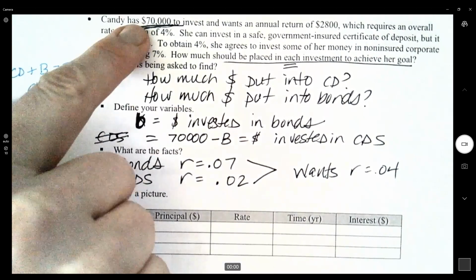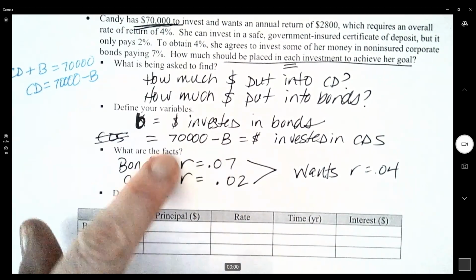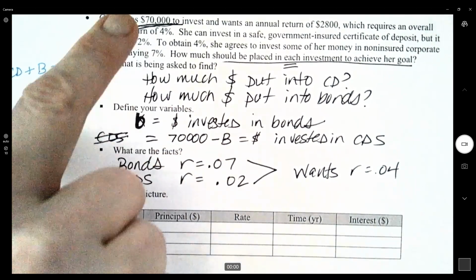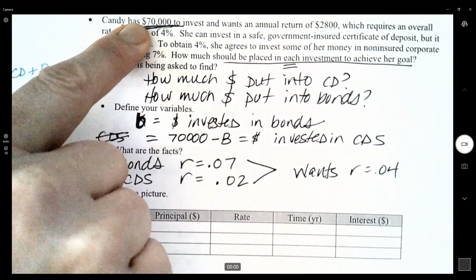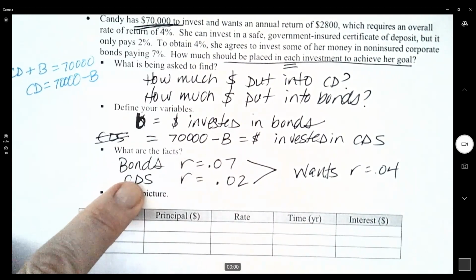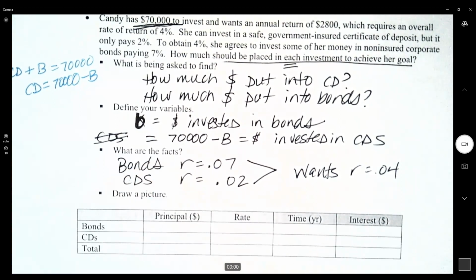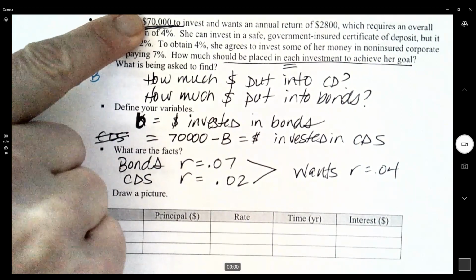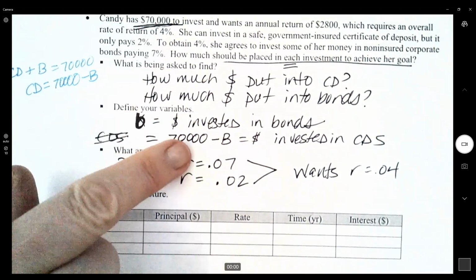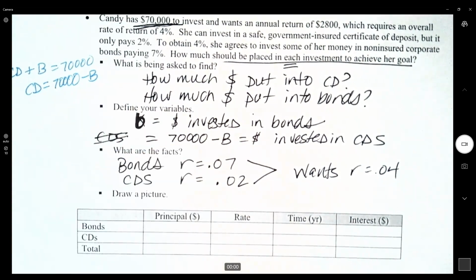So I don't think this $70,000 is going to be split equally between bonds and CDs. We will put the majority, more than half, towards the CDs and less than half towards the bonds. That's a rough estimate. So maybe something like 40 grand to the CDs and only 30 grand to the bonds.